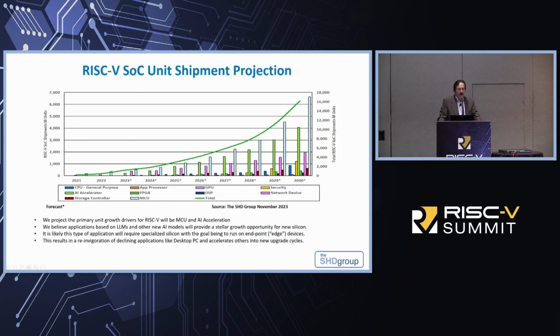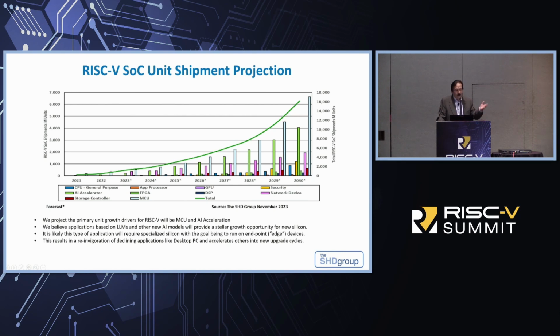So this looks at the SoC unit shipments that are going to use RISC-V. This is done by the end product type within the applications. So just to give you a feel for this, there's 53 end applications in this report with 10 different CPU product types profiled for each application.